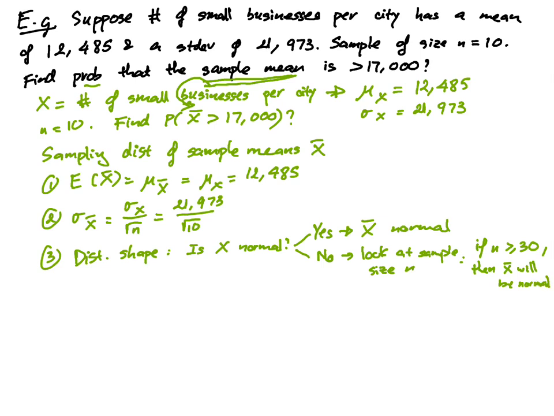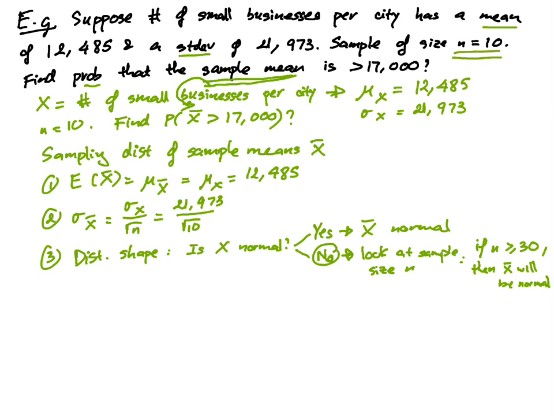Now in this problem, we were given the mean and the standard deviation, but we were not given the distribution of the variable x. And so, is x normal? The answer would be no. So now we look at the sample size. We have a sample size of 10 observations.